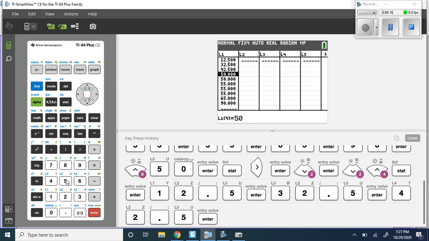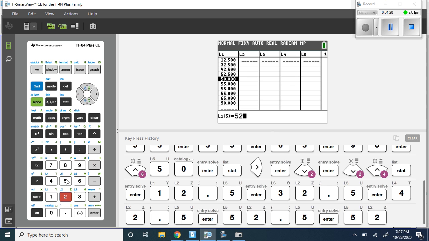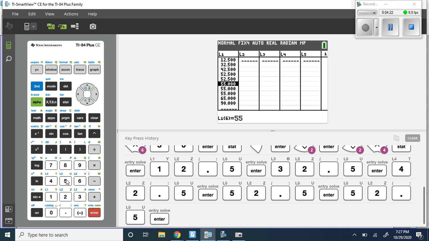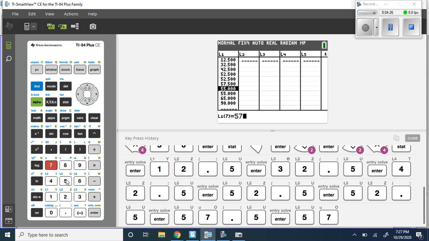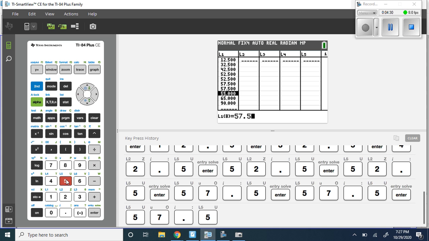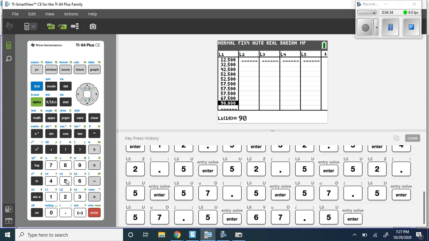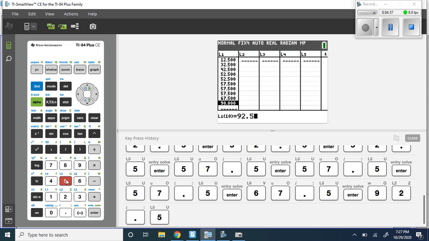We're just adding, and that would be 52.5, 52.5, 57.5, 57.5, 57.5, 67.5, and 92.5. Okay, so what we did was take the original data points and just add 2.5 to them, which would be $2,500, right?